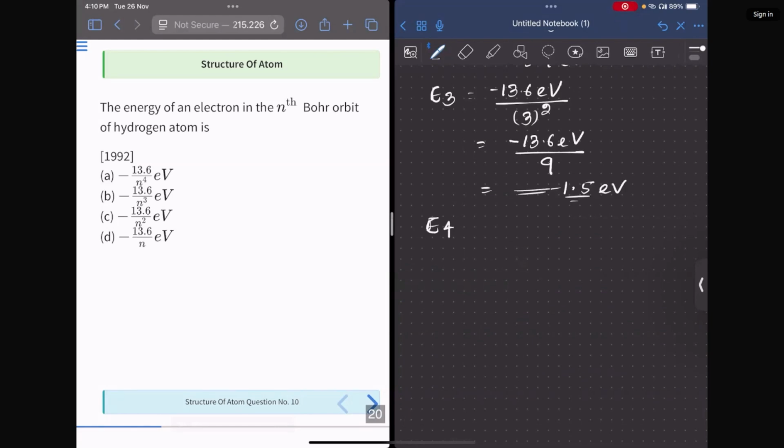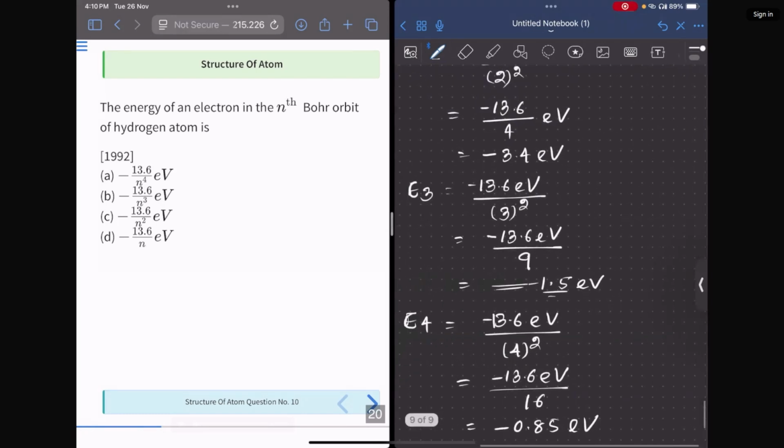And E4 is minus 13.6 divided by 4 square, minus 13.6 divided by 16, equal to minus 0.85 electron volt.